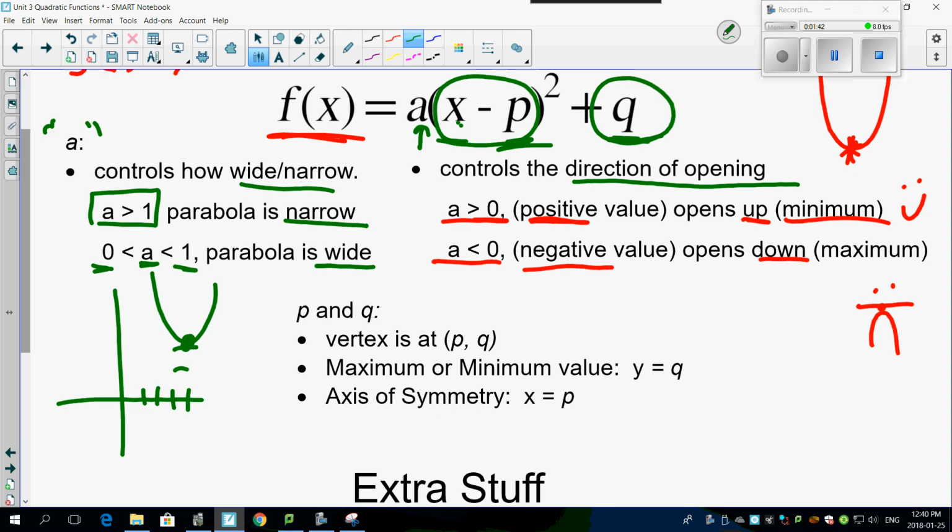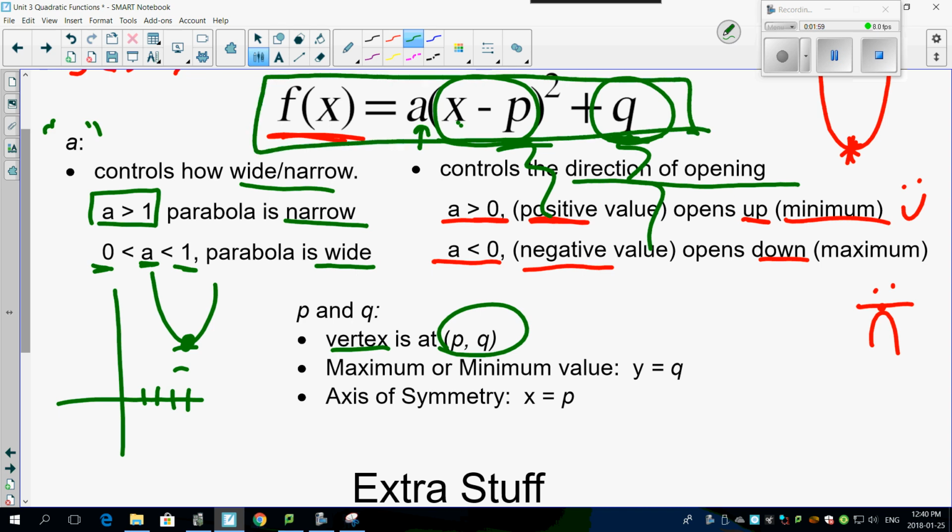That value becomes our vertex. Oh, interesting. So our vertex is actually (p, q), these values right here. And that's why it's so important to know this formula. And this you have to memorize. No ifs, ands, or buts. You've got to memorize that. That's really, really important. So that vertex is at (p, q).